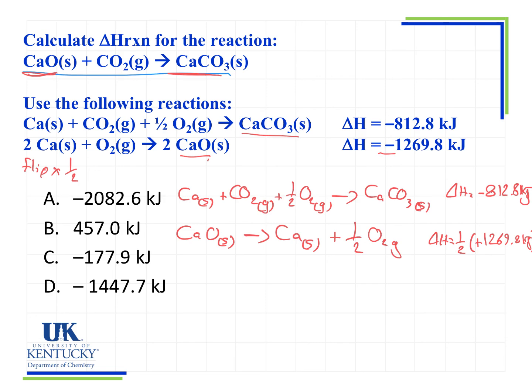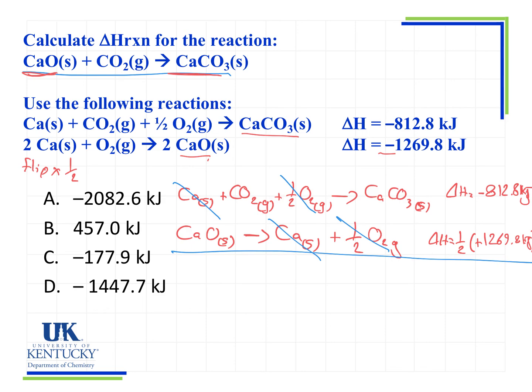Okay, so we have to add these 2 reactions to make sure that we have the right reaction. So we have calcium solid, we have 1/2 oxygen and 1/2 oxygen on the reactant side and product side, and that's it.